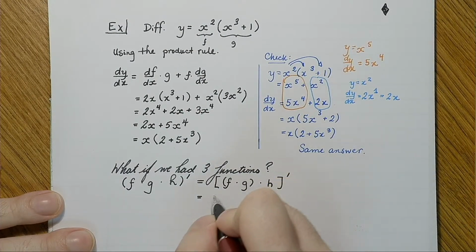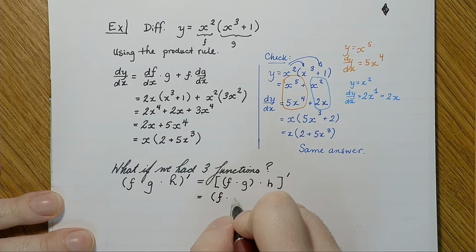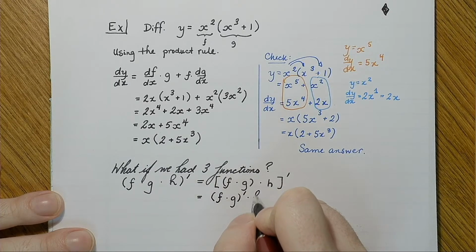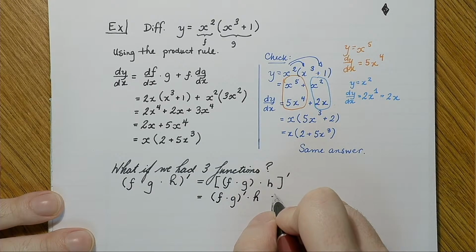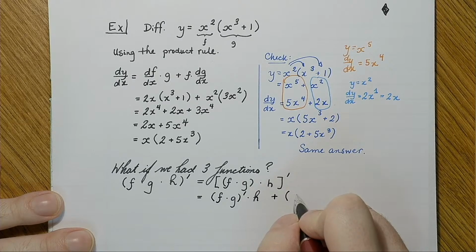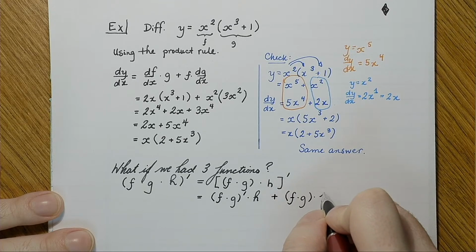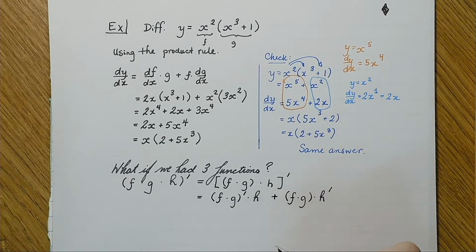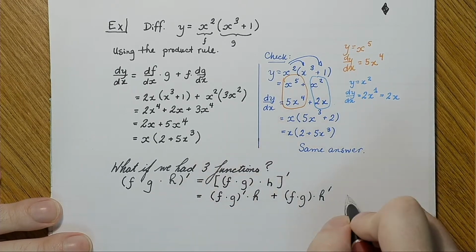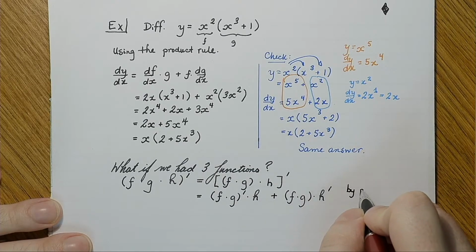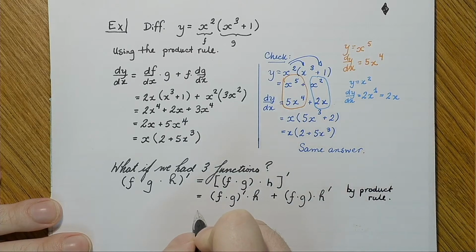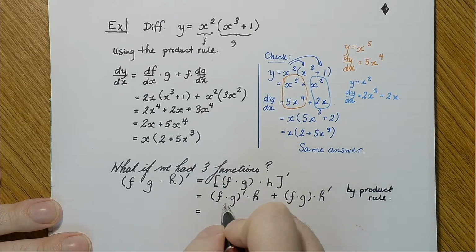The derivative is applied to the first one, and we leave the second function alone, plus we leave the first function alone, and then multiply it by the derivative of the second function. And now, that's by the product rule.